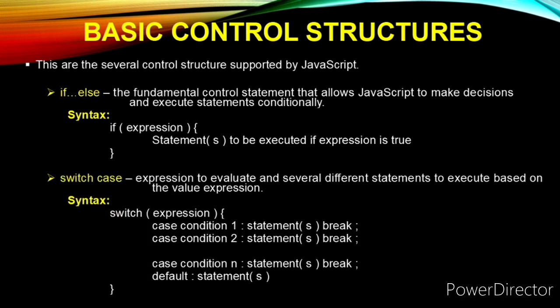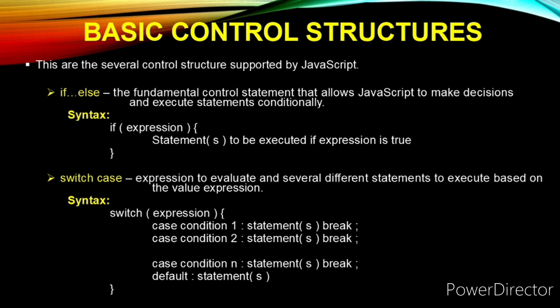2. Switch case. The basic syntax of the switch statement is to give an expression to evaluate and several different statements to execute based on the value of the expression. The interpreter checks each case against the value of the expression until a match is found.